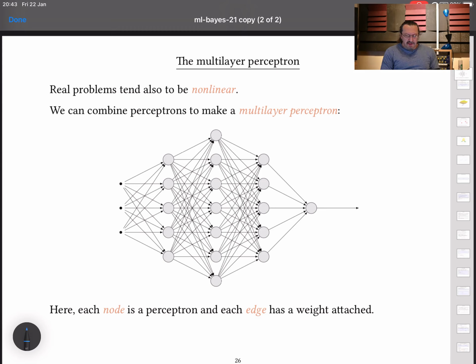Here, each of these nodes is itself now a perceptron, but typically with an activation function attached to it, because if you put a whole bunch of just linear things together like this, you end up with one big linear thing, and that isn't giving you anything much more in terms of computational ability. So each of these is now a perceptron, typically with a nonlinear activation function. And every one of those arrows has a weight attached.